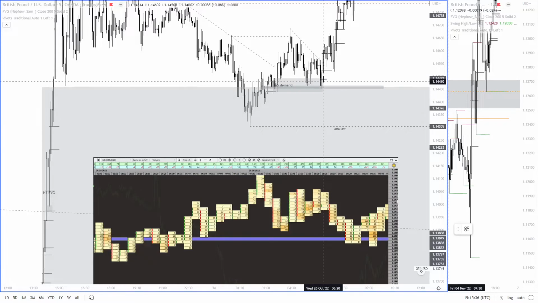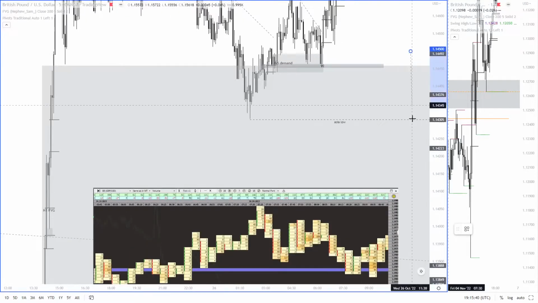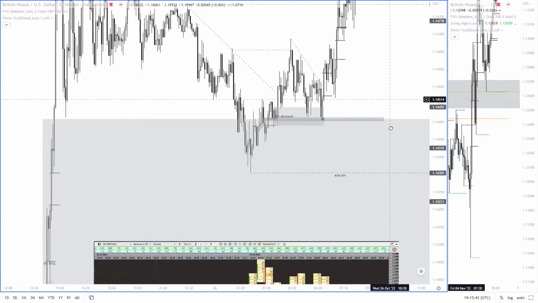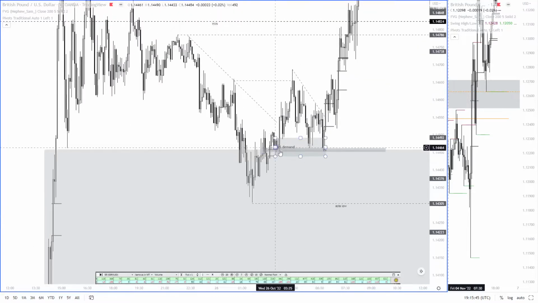That's the retest. So that's it. That's your trading level. M5 demand takes liquidity twice, retests this volume cluster, which is structure, and you can enter straight on there.